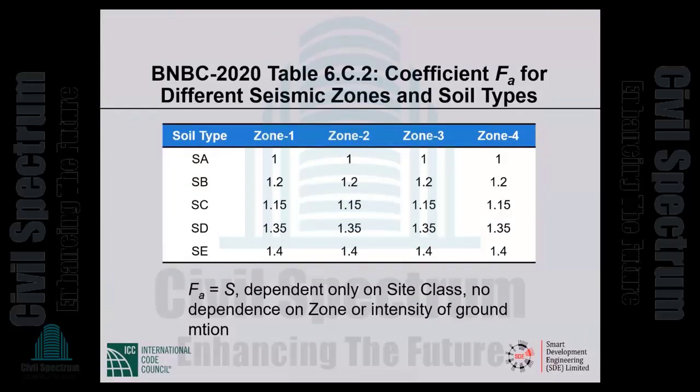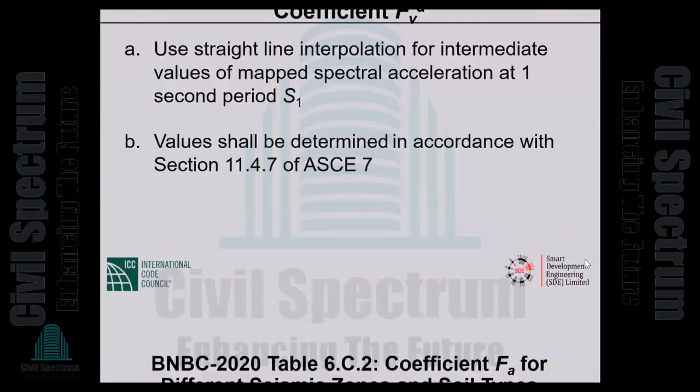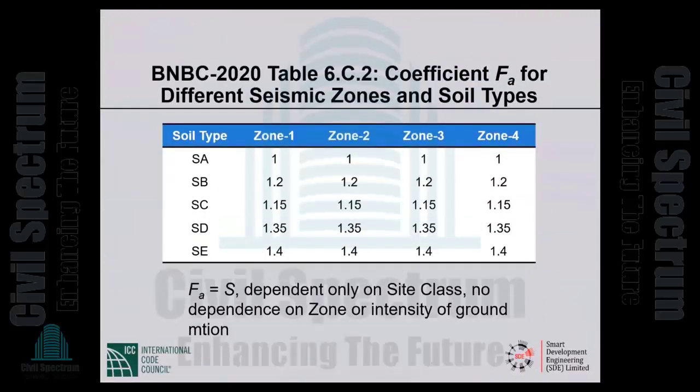Now, in BNBC 2020, in Appendix C, so BNBC 2020 in Appendix C gives you also F sub A and F sub B. F sub A is the short period site coefficient, which in AC 705 will amplify S sub S, and F sub B in AC 705 would amplify S sub 1.